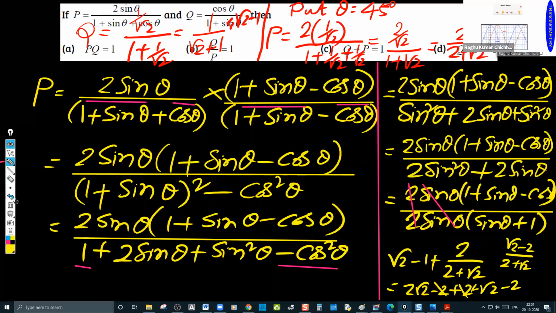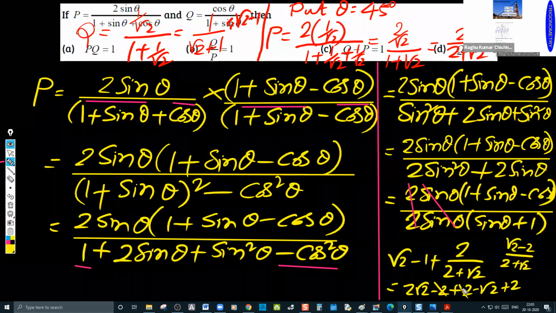The problem is wrong, I think. This is to be added. Then what happens? Just a moment. We wrote plus here. Up to this it is correct, but this is plus.